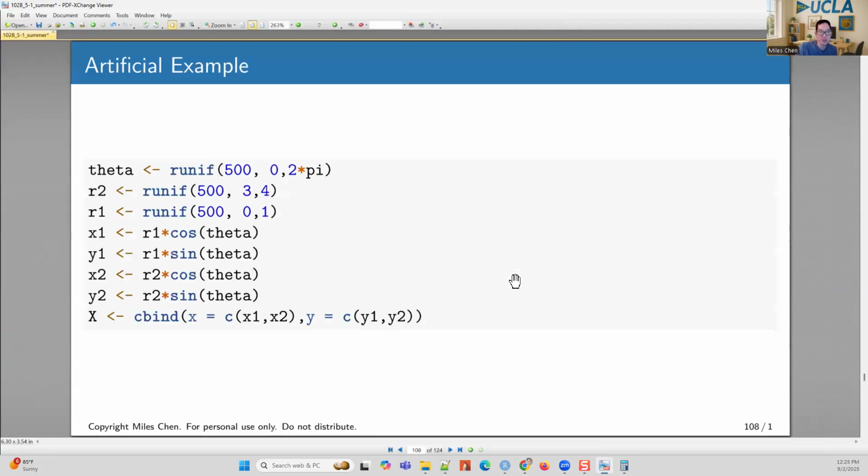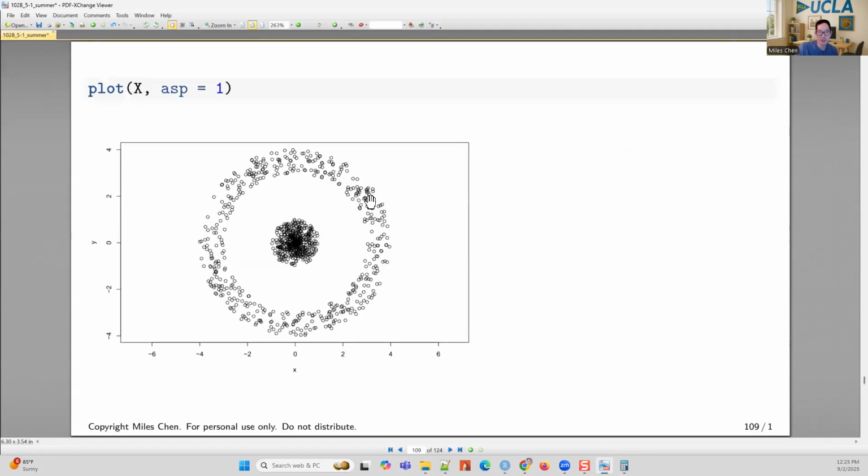This is just a made up example where I'm going to have two clusters of points: a bunch of points in the center and a bunch of points on this outer ring. If we just did k-means clustering using Euclidean distance, it would never put the points at the top in the same cluster as the points on the bottom because those distances are far.